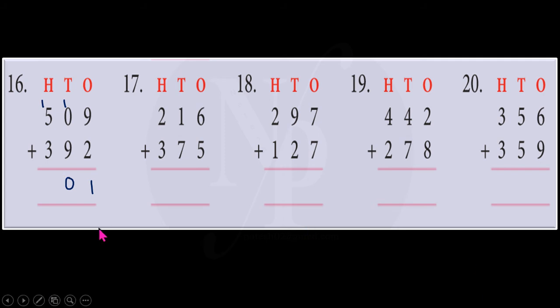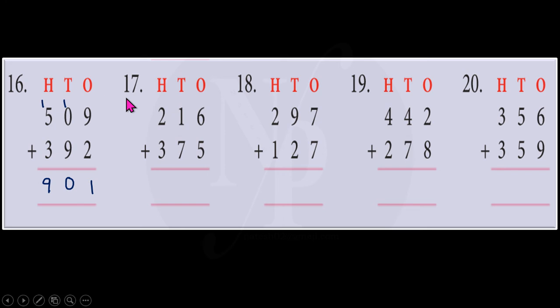Now we add the digits in hundreds column. 1 plus 5 is 6. 6 plus 3 is 9, which is 900. 901 is the sum of 509 and 392.